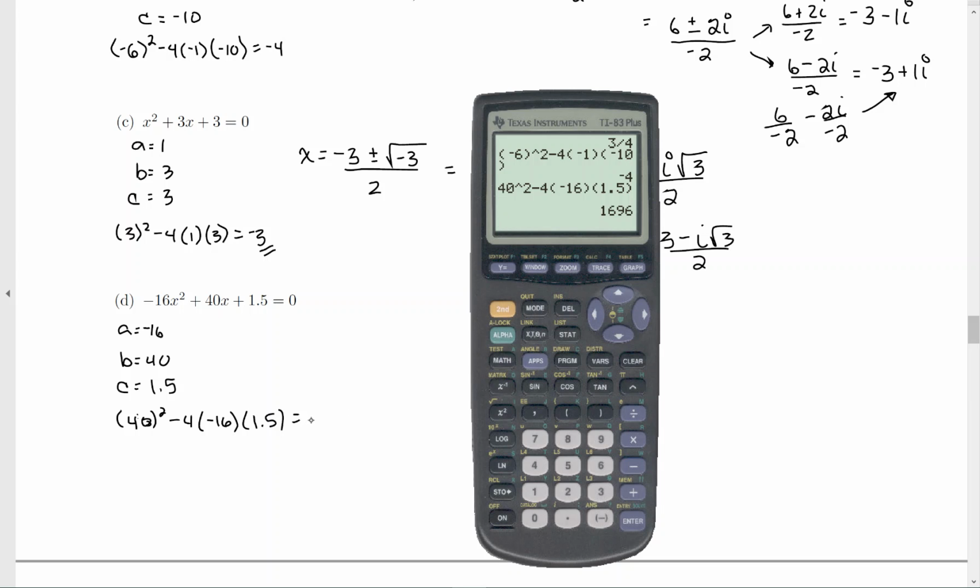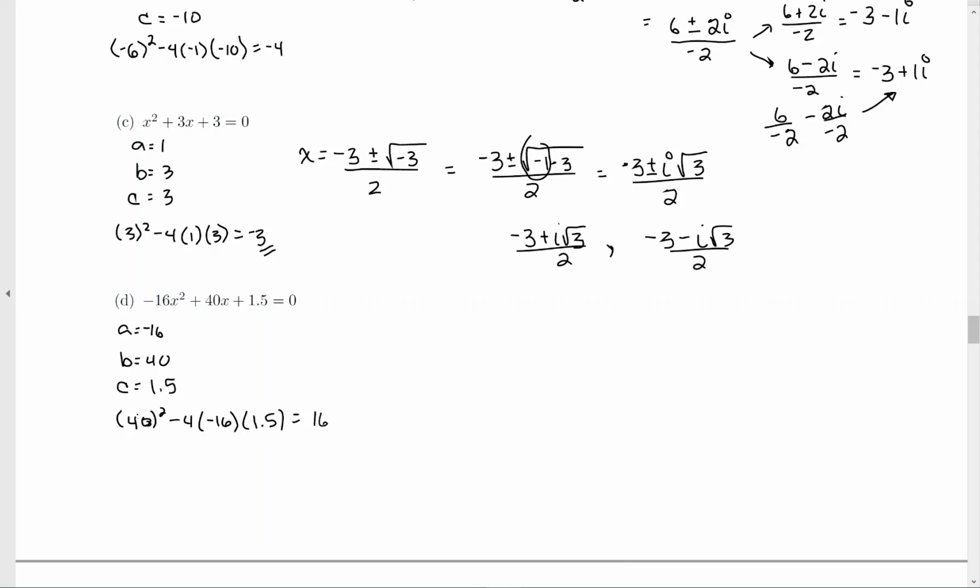So I've got, what, 1696. I believe it was the golf ball one that we talked about earlier in this homework set. So let's go ahead and figure out what we've got here. x equals the opposite of b, negative 40, plus or minus the square root of 1696 divided by 2 times negative 16, or negative 32.